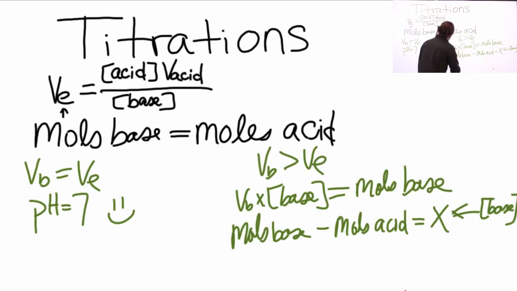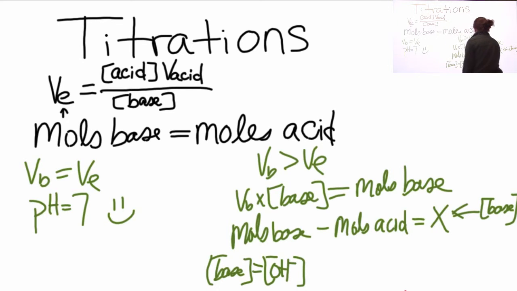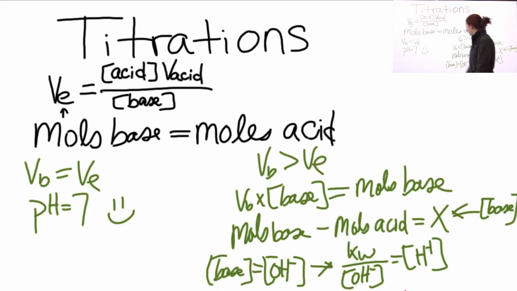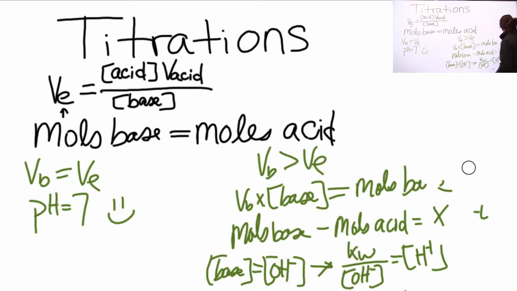That concentration of your base will be equal to your concentration of hydroxide. So then to find your proton concentration, you do Kw over your hydroxide concentration, and then to find pH, again, you just do the negative log of your proton concentration like we did earlier. So that's if you have a strong acid titrated by a strong base.